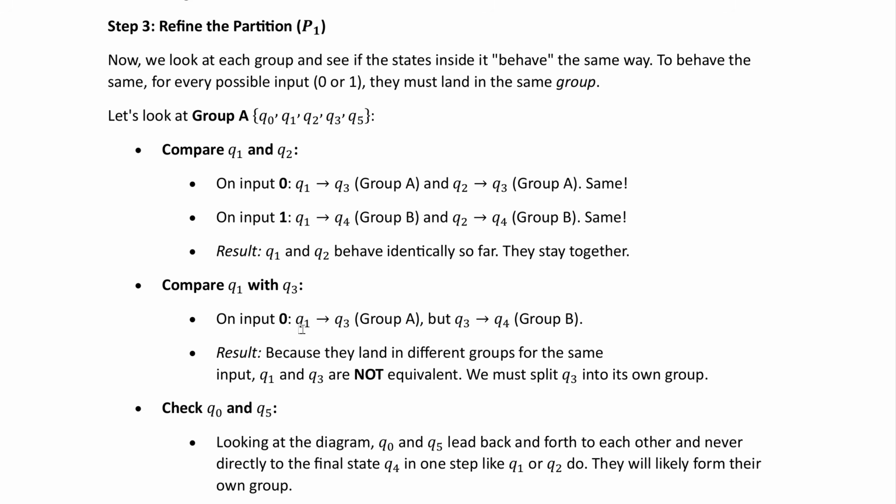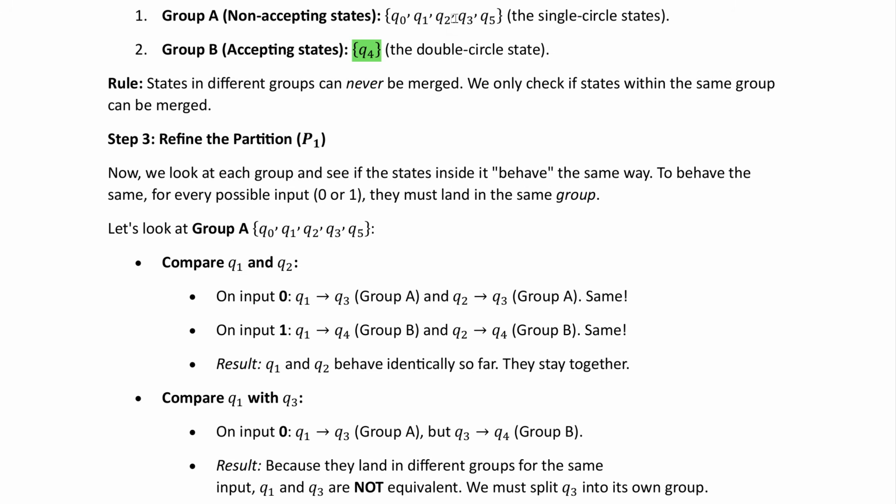Because when we apply 0 on Q1, we get Q3, which is lying in group A, whereas when we apply 0 on Q3, we get Q4, which is lying in group B. Because they land in different groups for the same input 0, Q1 and Q3 are not equivalent. But Q1 and Q2 are equivalent, right?